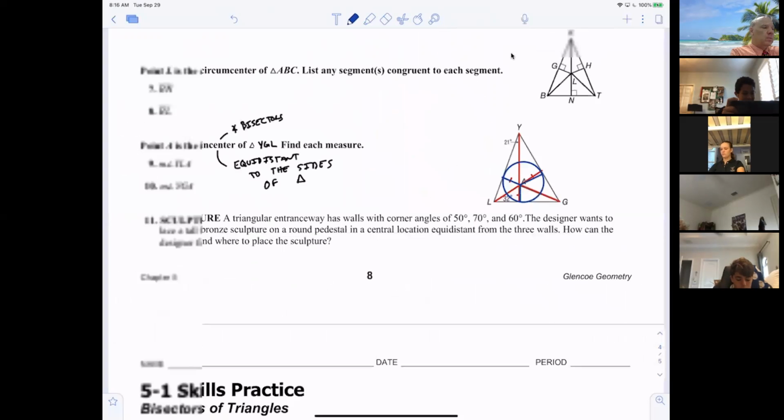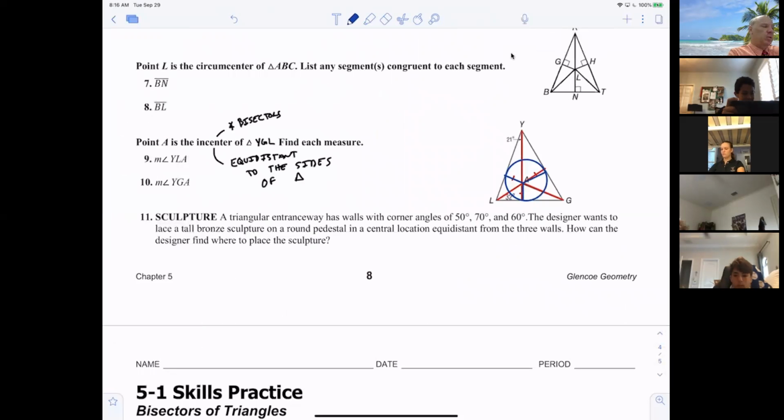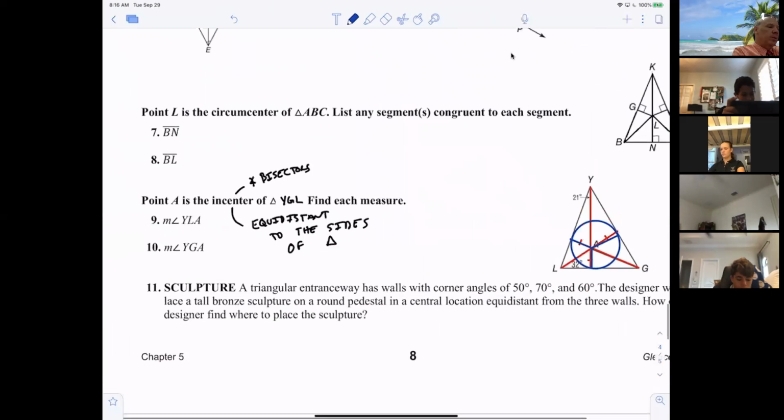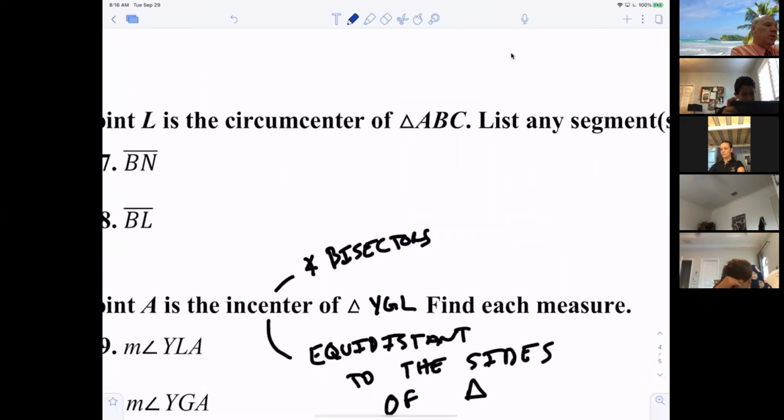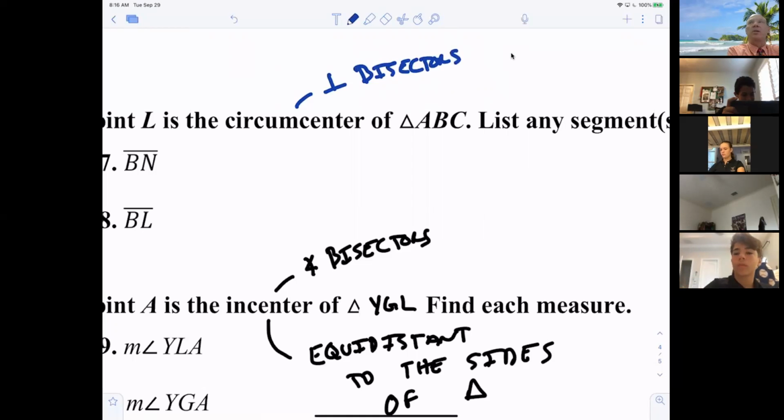So again, with that information, let's talk about the circumcenter. What is the circumcenter again? The perpendicular bisectors. Perpendicular bisectors. Do the perpendicular bisectors have to go through the vertices? No, all right.